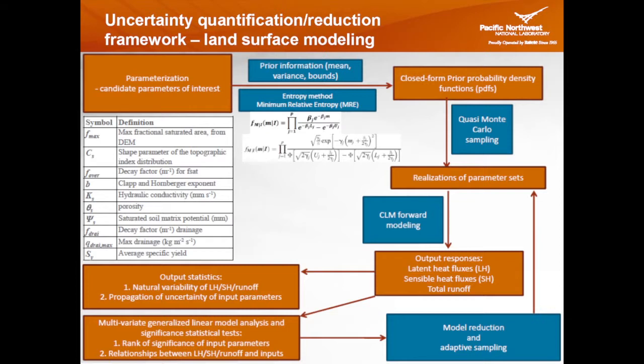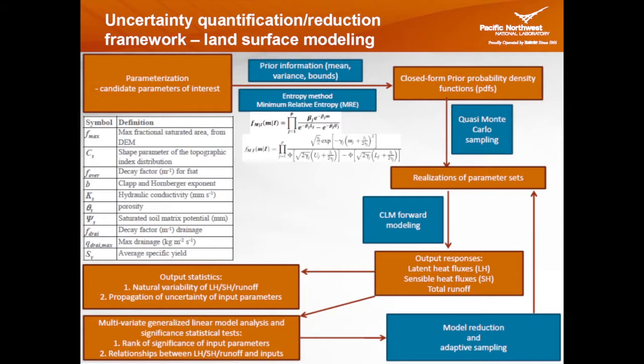This is one example of a UQ application for a land surface modeling study. It doesn't have all the components, but some of them. We start with a set of parameters. For each parameter, we collect all the information that we can have, and then derive the probability density functions, and then generate samples using quasi Monte Carlo sampling to fully explore all the possibilities in the parameter space.